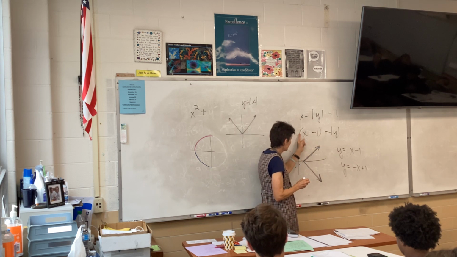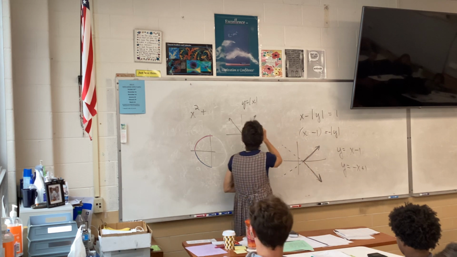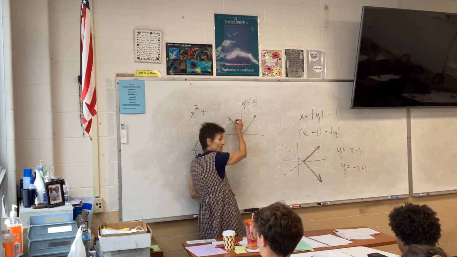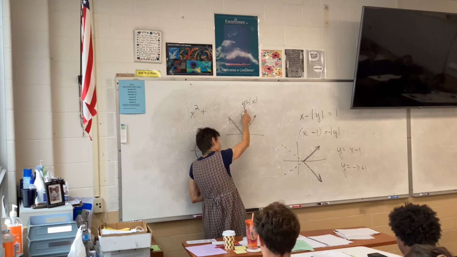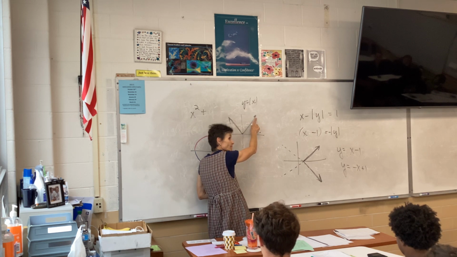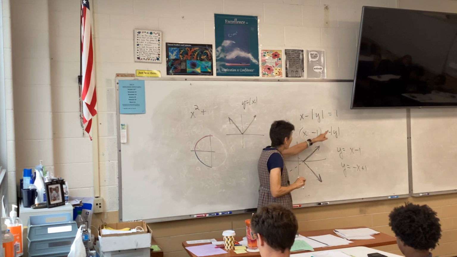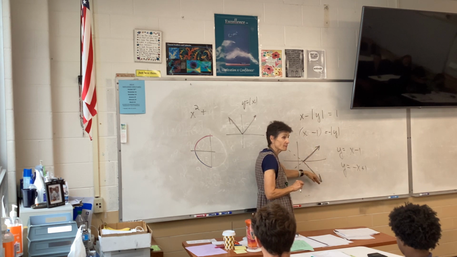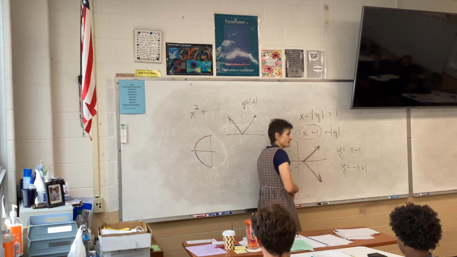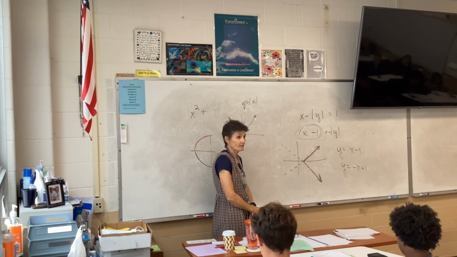Because this is still positive, but now your y has to be negative for the other half of your absolute value. In the basic curve, x is positive for one piece and negative for the other piece. Y is positive for one piece and negative for the other piece. But this has to stay positive because absolute values equal positives.